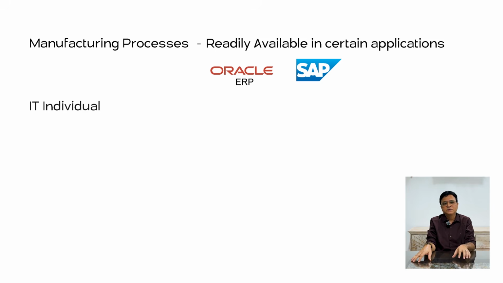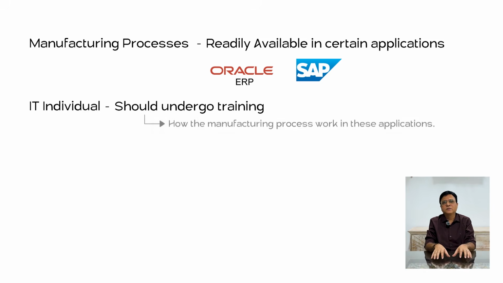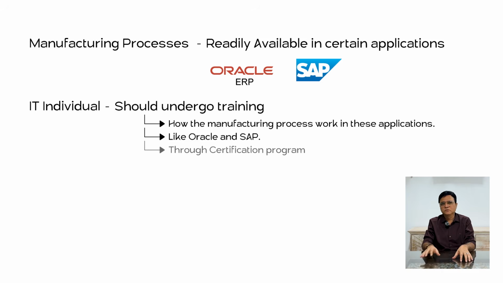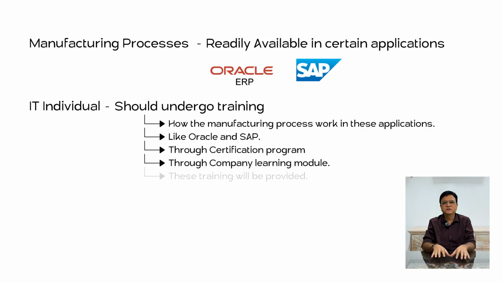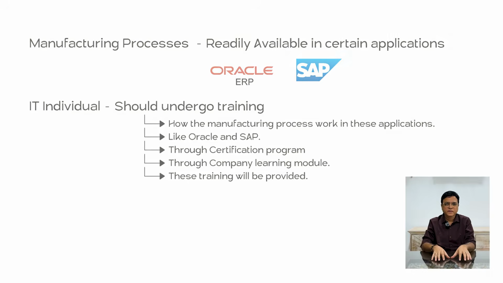An IT individual should undergo training on how this manufacturing process works in these particular applications like Oracle and SAP. Once they undergo the training, either through a certification program or through a company when you join that company, these trainings will be provided.